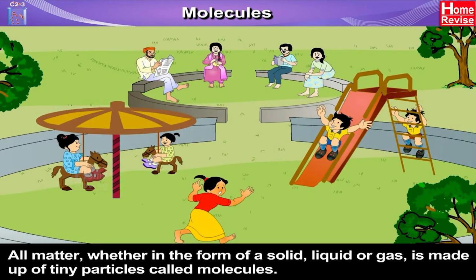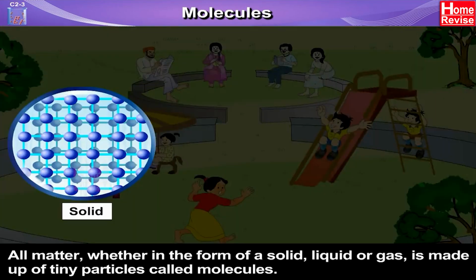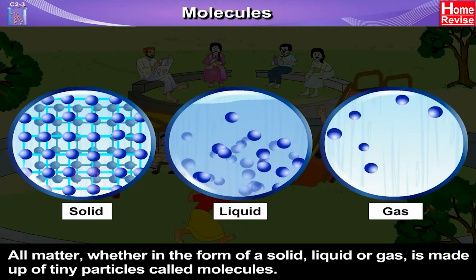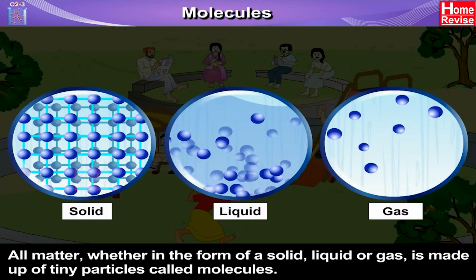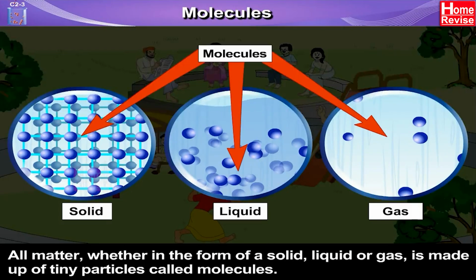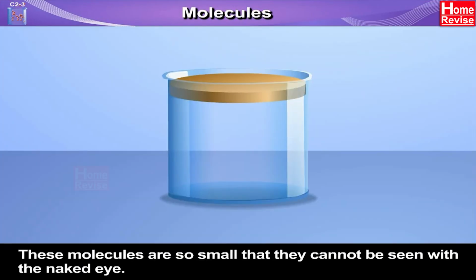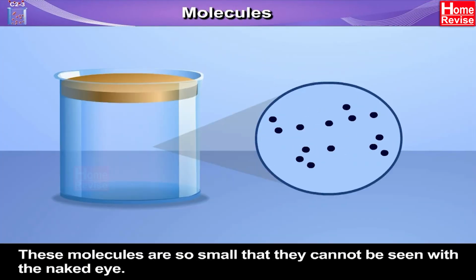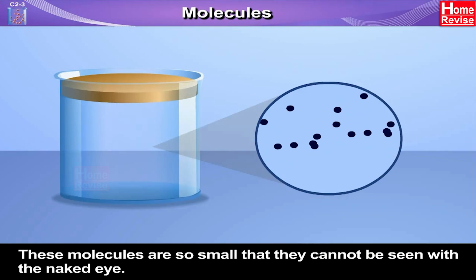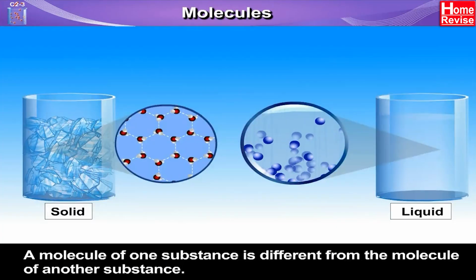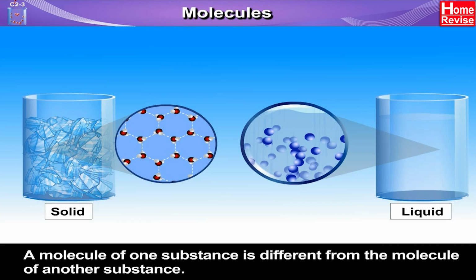Molecules. All matter, whether in the form of a solid, liquid, or gas, is made up of tiny particles called molecules. These molecules are so small that they cannot be seen with the naked eye. A molecule of one substance is different from the molecule of another substance.